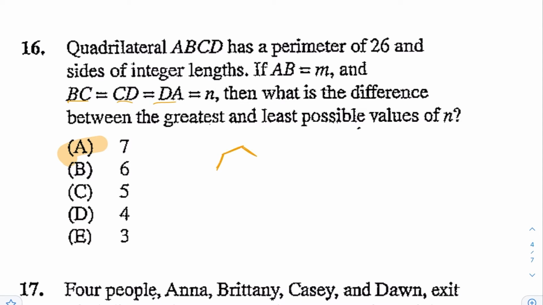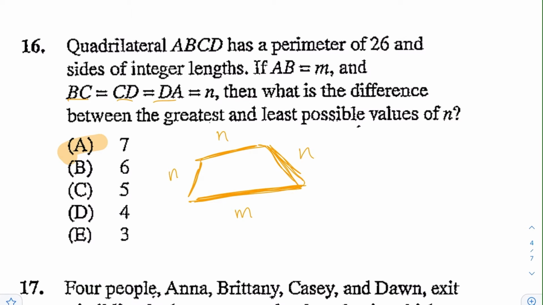And then the last side is a lot larger. So something like a trapezoid, if you will. Anyway, so AB is equal to M, the other ones are equal to N. And you want to find the difference between the biggest and least possible values of N.